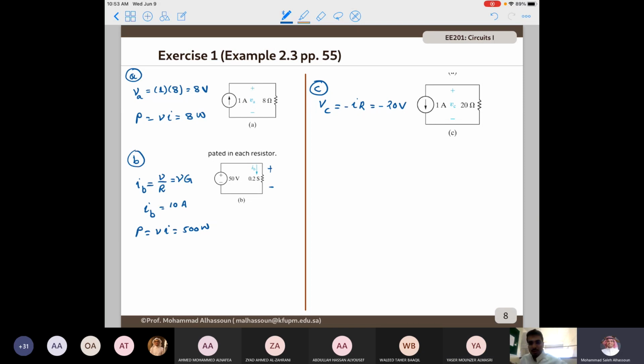Hassan al-Aboud, to calculate the power. Okay, the power will be minus I multiplied by V. So it's going to be minus 1 times minus 20, and this is going to be 20 watts. Okay, very good.